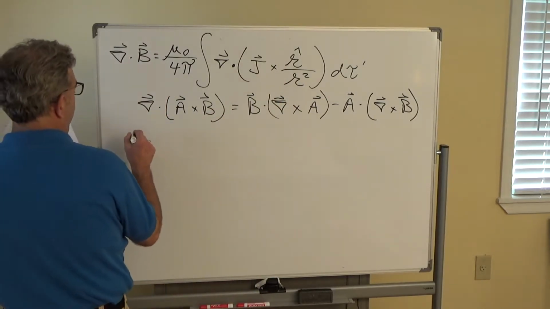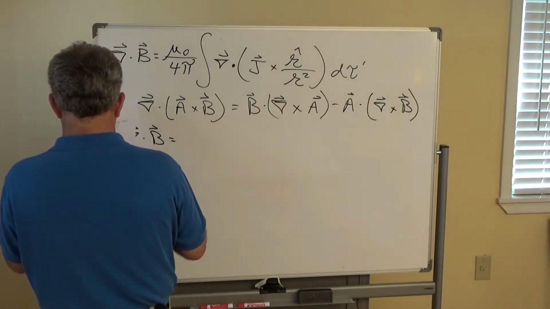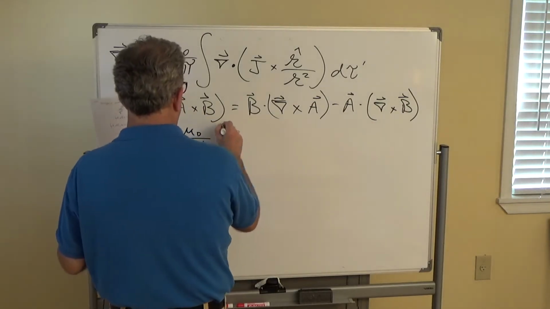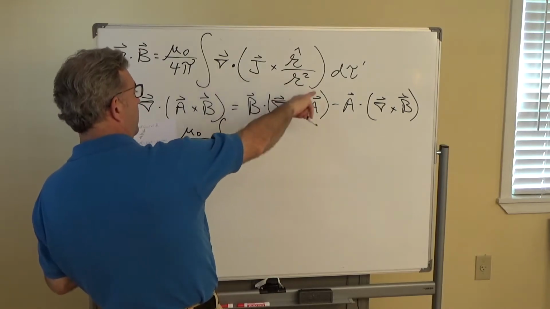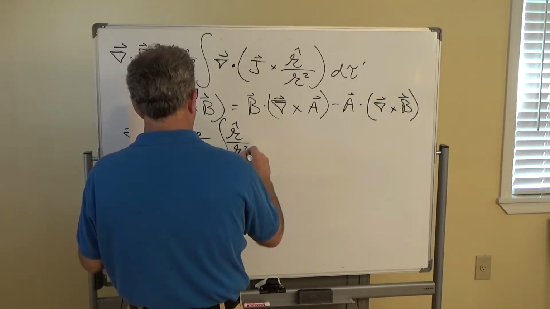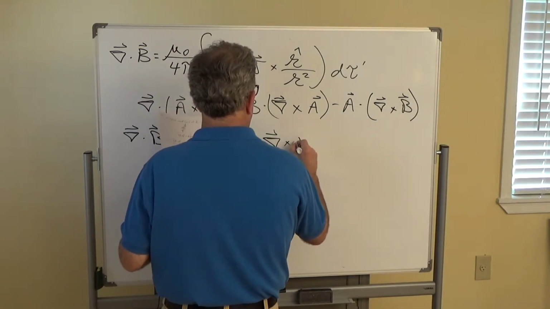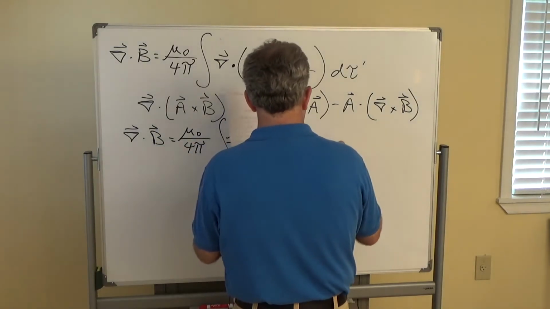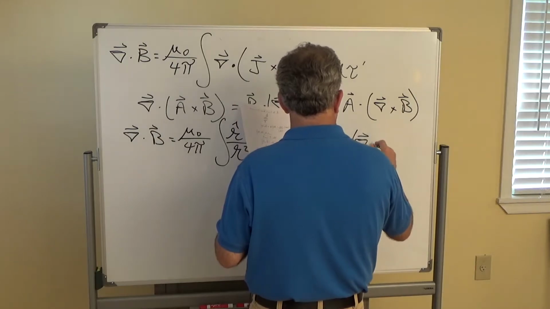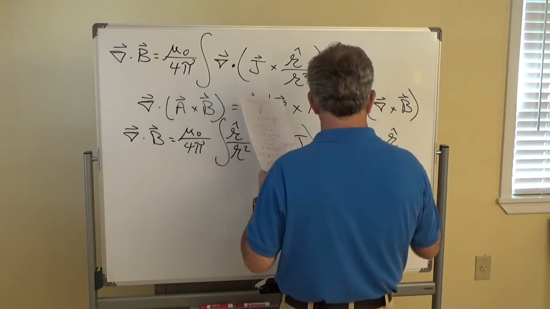So we have that del dot B is equal to mu naught over 4 pi times the integral of script r hat over script r squared dotted with del cross J, minus J dot del cross script r hat over script r squared d tau prime.